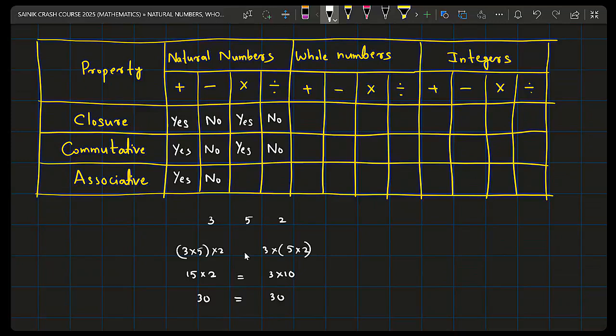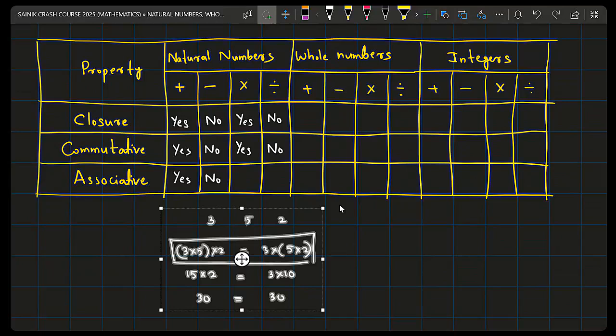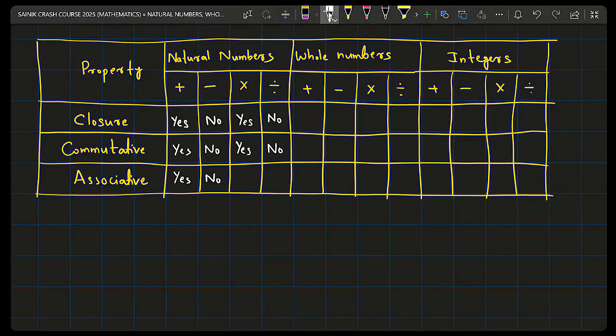Equal. Because you take any 3 numbers and you take any 2 numbers first and multiply the third later, the answer is going to be the same. So we can say natural numbers satisfy associative property under multiplication. Yes. So division you can take an example and check, you will not be getting it satisfied. No.